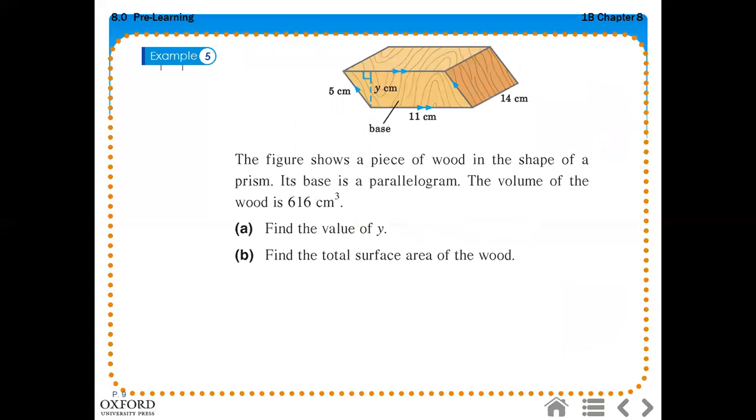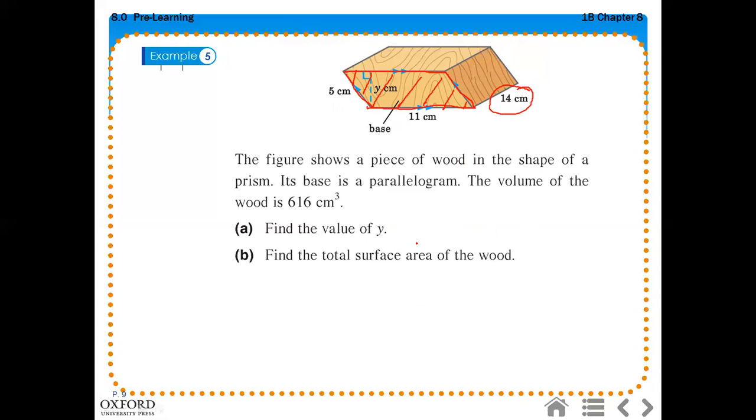Then the next one. Here you have the volume, 616. First, find the value of y. As we did in our last question, volume is the base area times the width, the thickness. What shape is the base? It's a trapezium. So, it's a parallelogram.